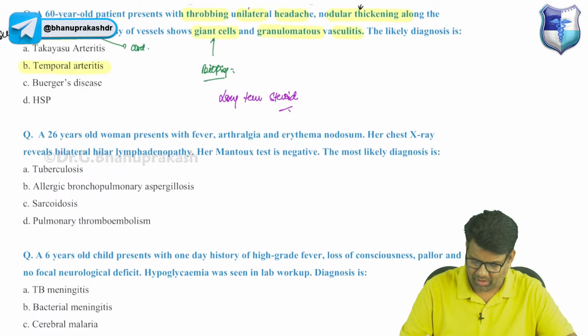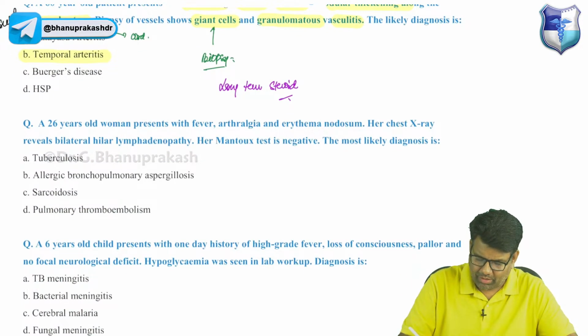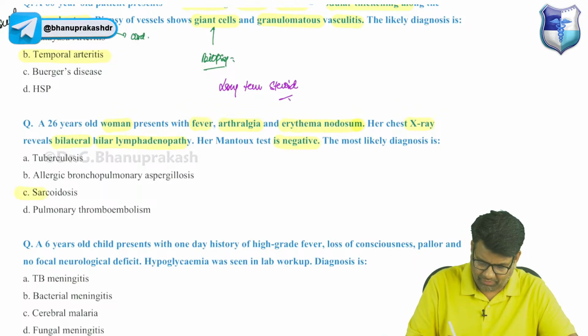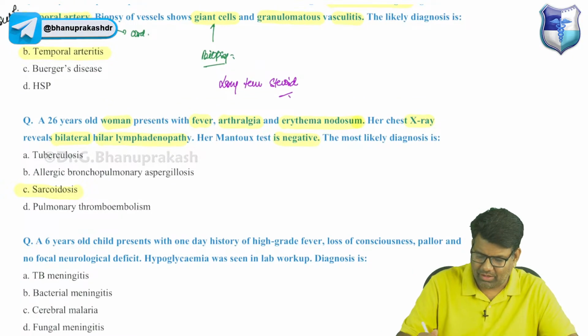Next question. Female has fever, arthralgia and erythema nodosum, and the chest X-ray shows bilateral hilar lymphadenopathy. Mantoux comes out to be negative. What will be your diagnosis? Yes, perfect. This is sarcoidosis, right?